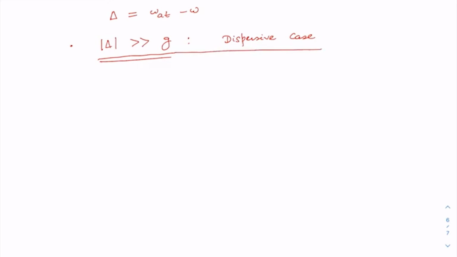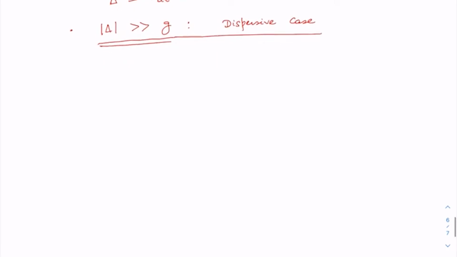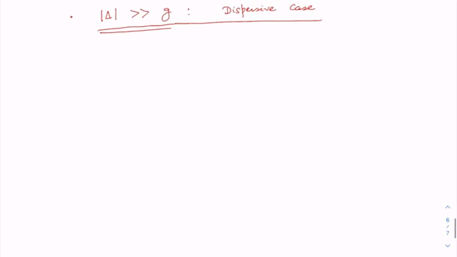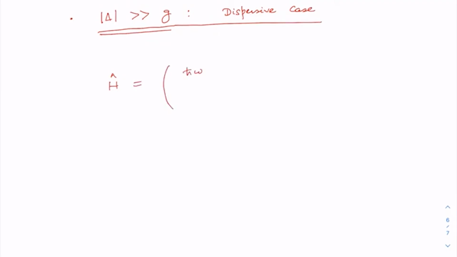We'll now analyze it in somewhat more detail. Now we know that within the rotating wave approximation, the Jaynes-Cummings Hamiltonian in the matrix form, we wrote it already under RWA. It was ħωn here, and here it is ħωn plus ħΔ, and the off-diagonal elements were ħΩ√n, ħΩ√n.